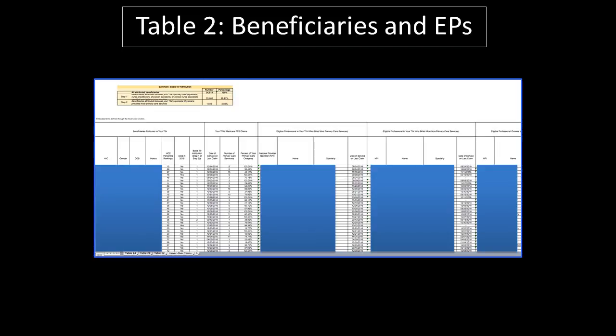It also provides in the center area of the table which eligible professional in the TIN billed the most primary care services. Next to that, who billed the most non-primary care services, and so forth. So you can see you have case level detail provided to your organization about those patients that are being evaluated in the QRUR report.